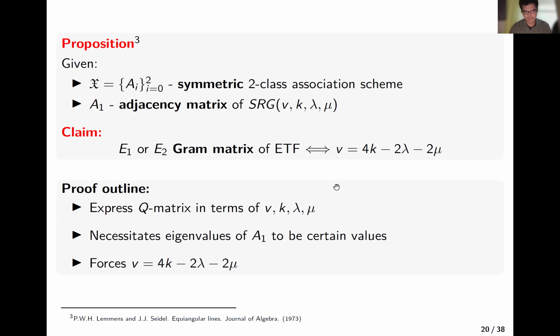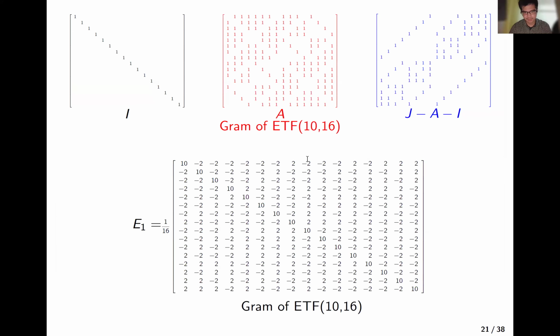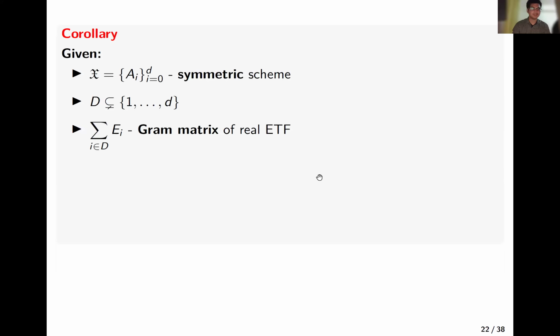But here's what I want to emphasize in particular. What actually happens when we're looking for these Gram matrices of real ETFs, and we're looking at them in symmetric association schemes, is that there's no need to go any further than symmetric association schemes with two classes. To explain this a bit more thoroughly, let's say we have a symmetric association scheme with however many classes we have.